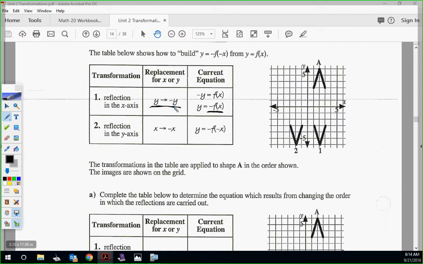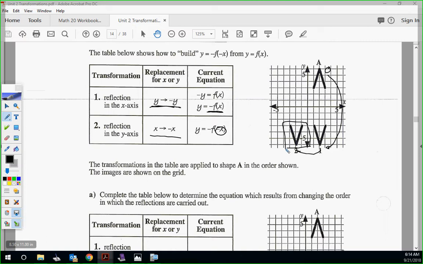So here's the original, and after step 1, we're down here. We reflected over the x-axis by switching y to negative y. The second thing we do is x to negative x, which flips us over the y-axis, so we go from 1 to 2. And this is your lasting image.